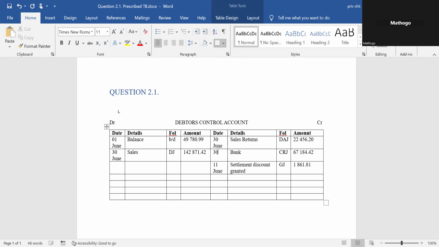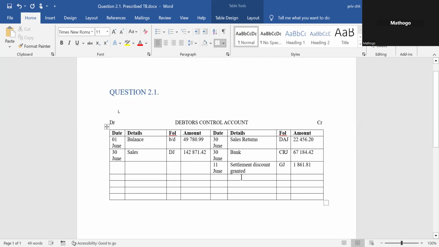This one is on the 30th of June. Okay, and then the next one says balance transferred. Yeah, we're just taking out that balance.